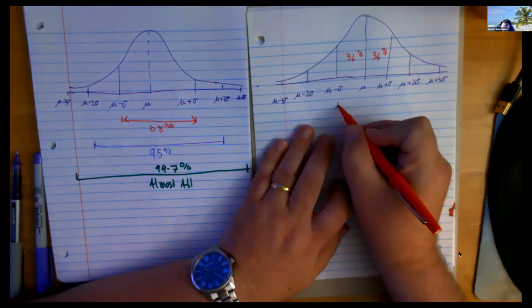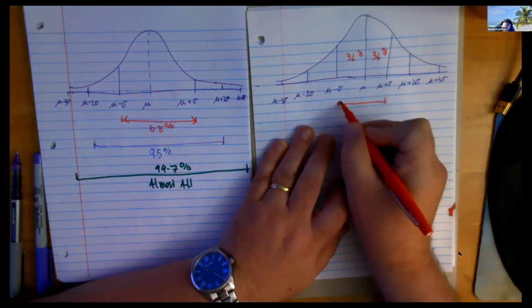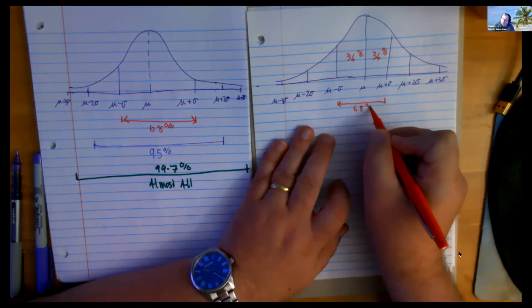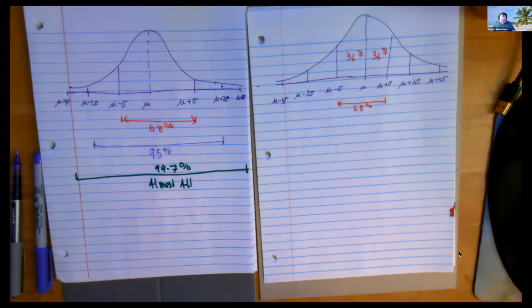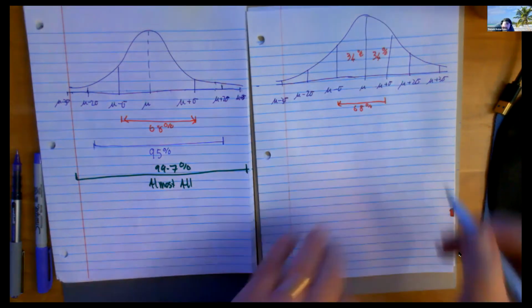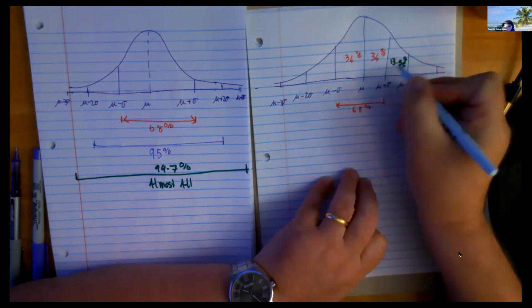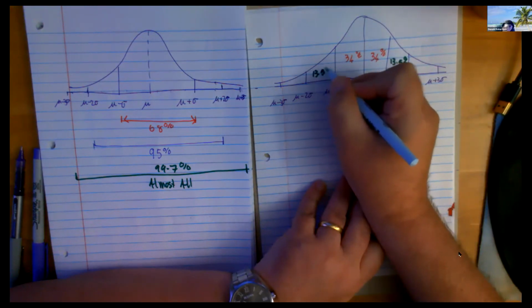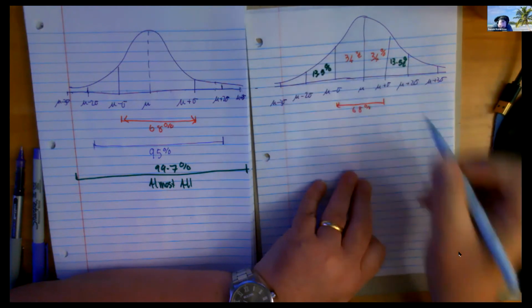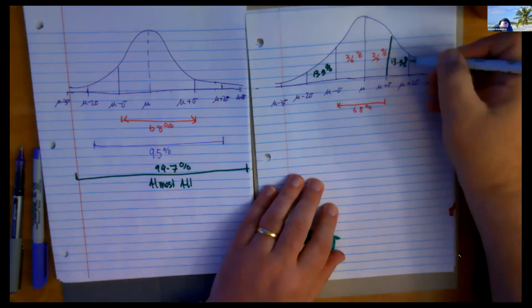So from here to here, I'm going to put the 68% in as well, just as an emphasis. Now, this one you're going to have to trust me, but in this region here, and in this region here, there's 13.5%, and I only mean from here to here.